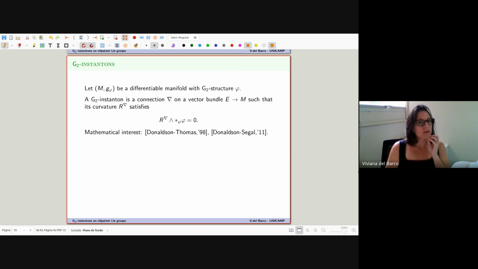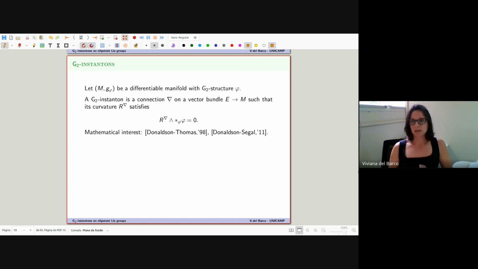At some point, it became of interest. I'm not a specialist at all, but at some point, it became of interest, mostly first in the case of torsion-free G2 structures, in order to study the moduli space of torsion-free G2 structures on a manifold.